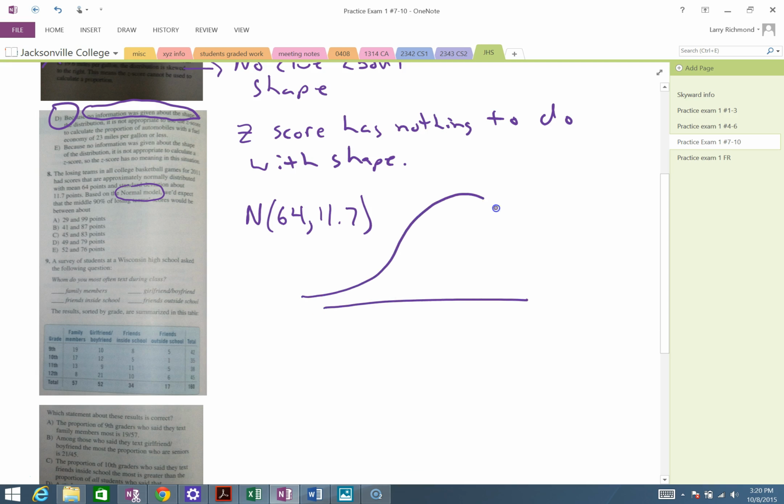As soon as we see that it says normally distributed, we're going to draw our normal curve. Mean is 64. It's a bad normal curve that I drew. I'm sorry. Up 11.7 would be 75.7, and then up another 11.7 would be 87.4.